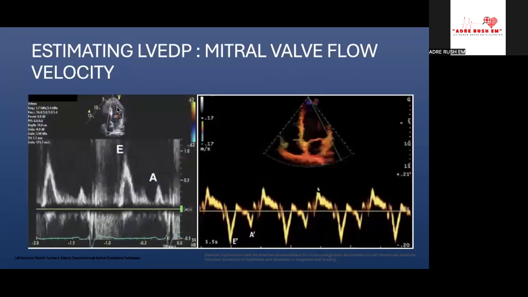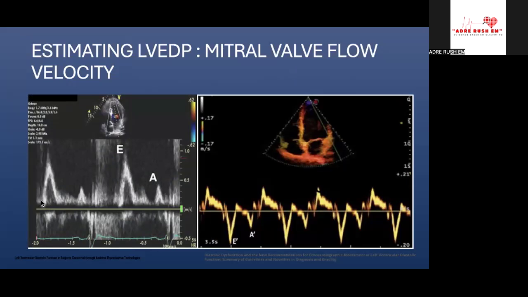For estimation of the pressure, you keep your pulse wave Doppler across the flow of your mitral valve, at the maximum flow area in your four chamber view, and you get these waveforms where the first tall positive wave is called the E wave and the next wave is the A wave.